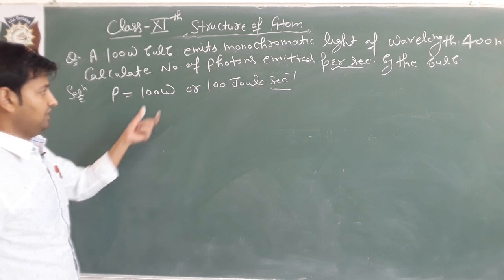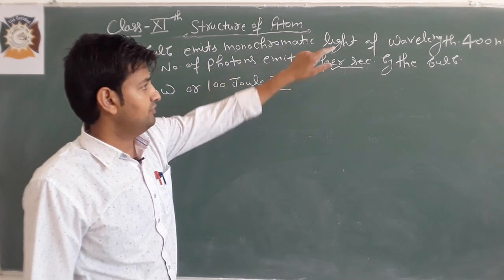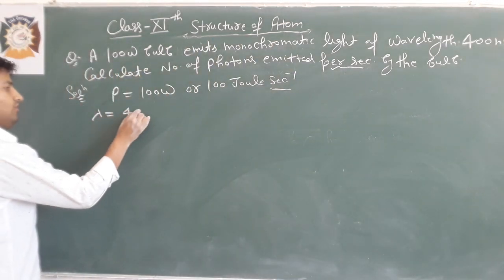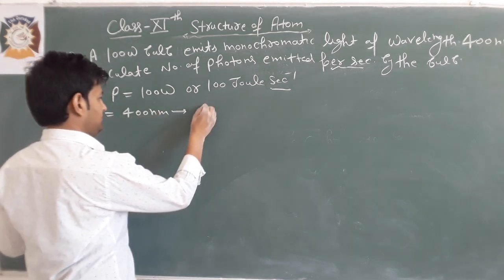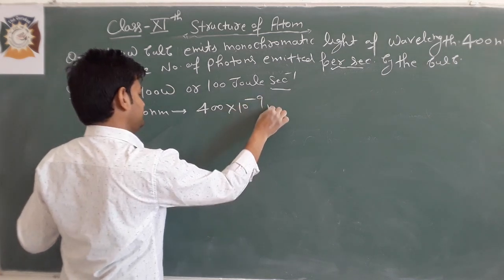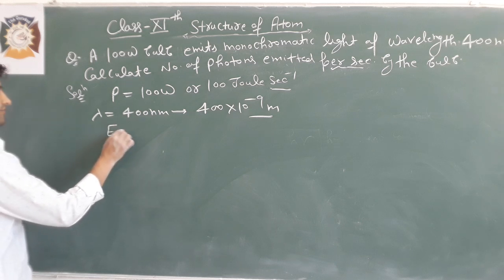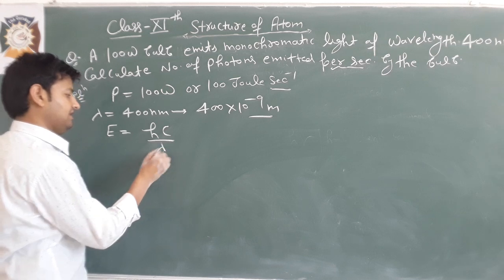So we can calculate the energy in joules of one photon. The given wavelength is 400 nanometer, which can be converted into meter: 400 into 10 to the power minus 9 meter. Then the energy of one photon is equal to hc over lambda.